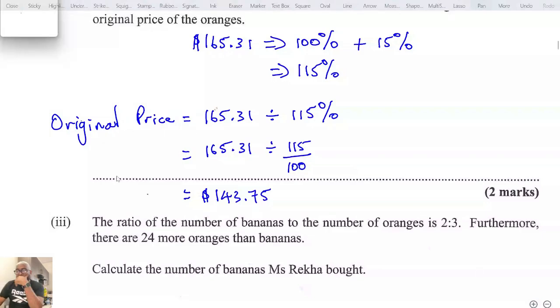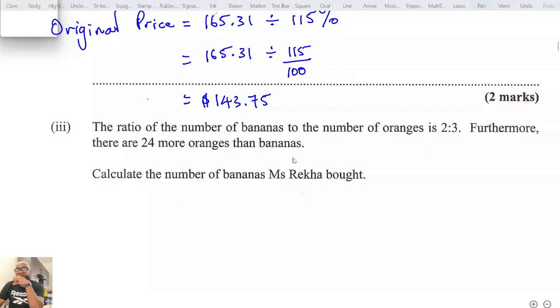Right, there we go. The ratio of the number of bananas to the number of oranges is 2 to 3. So how many parts represent bananas? 2. How many parts represent oranges? 3. Furthermore, there are 24 more oranges than bananas.